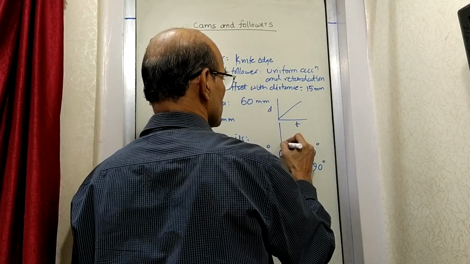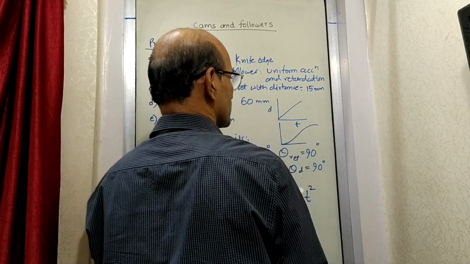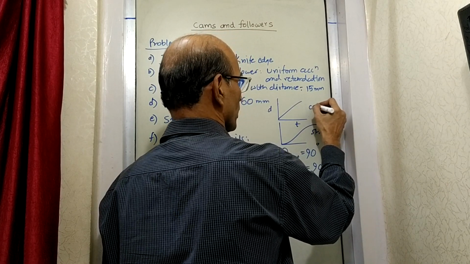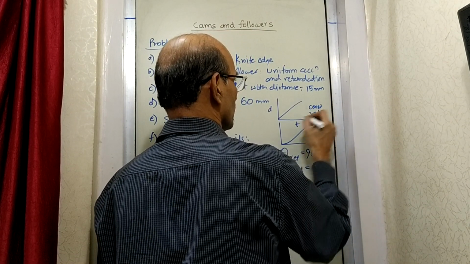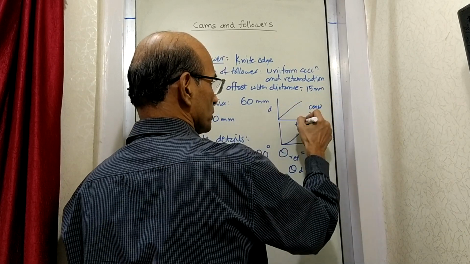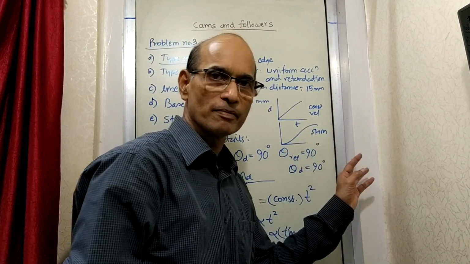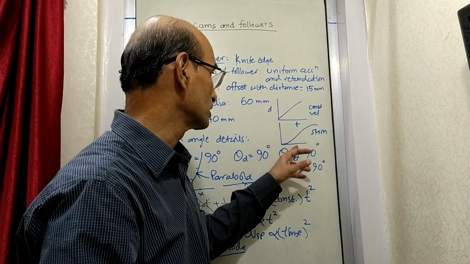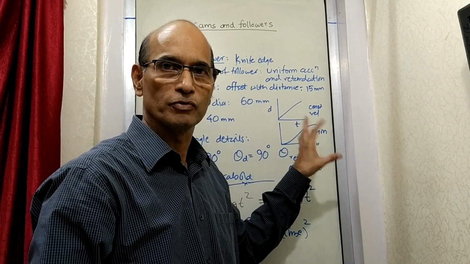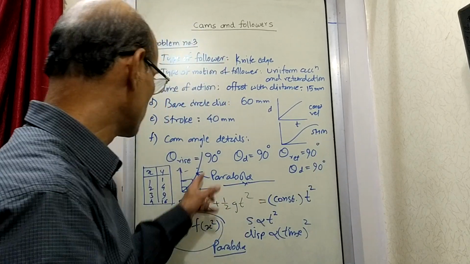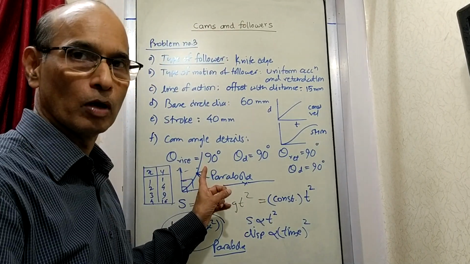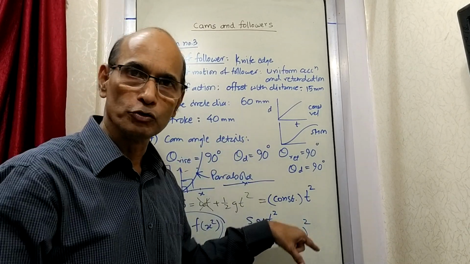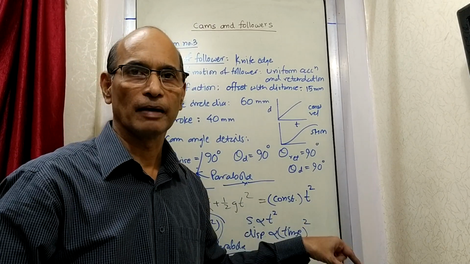Then in the second case, which we have done last time, SHM, we saw how the displacement versus time curve is drawn according to the velocity curve. Now the displacement versus time curve will be like a parabola that you have to draw. That will give you S1, S2, which we have to use for the purpose of drawing the cam profile.